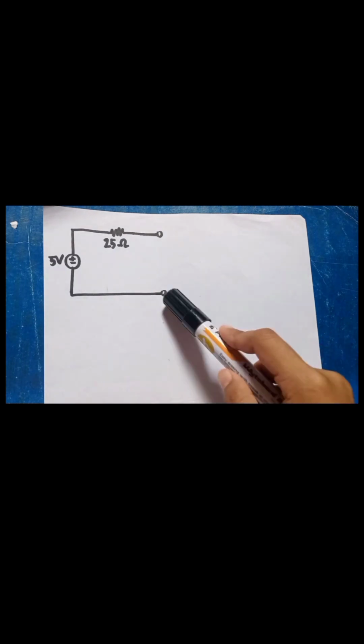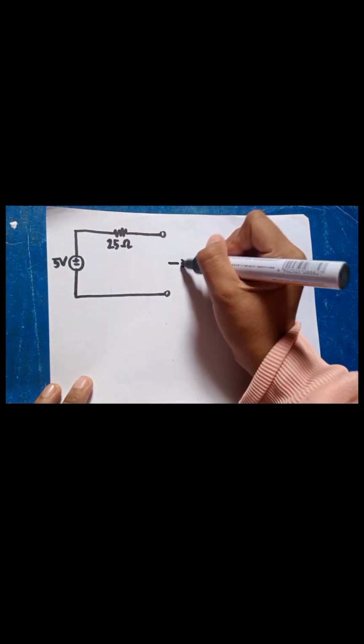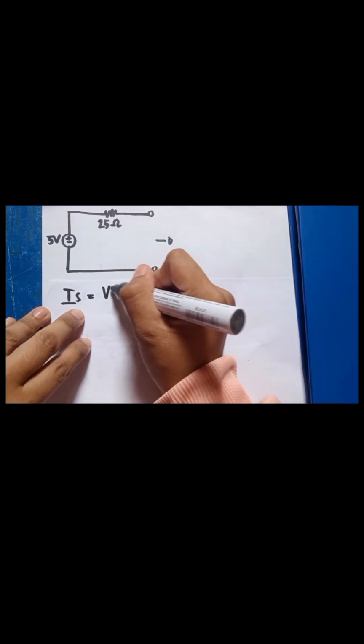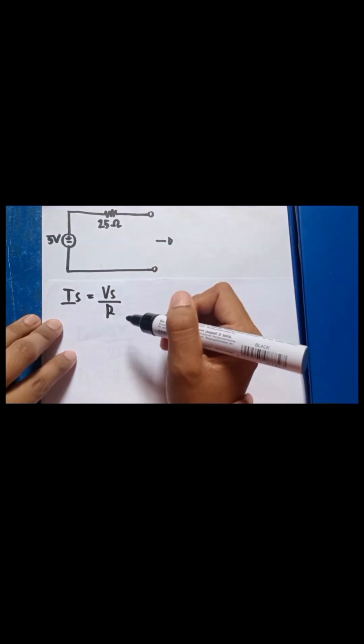We have an example here. As you can see, this circuit is an example of a voltage source. So we are going to transfer it to a current source using the formula IS is equal to VS over R. Now we are going to compute the current source.